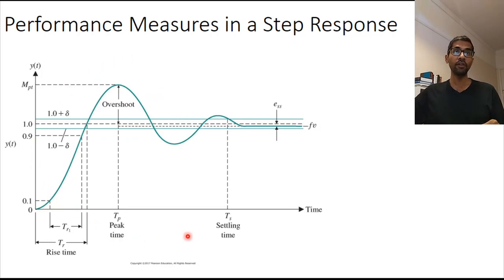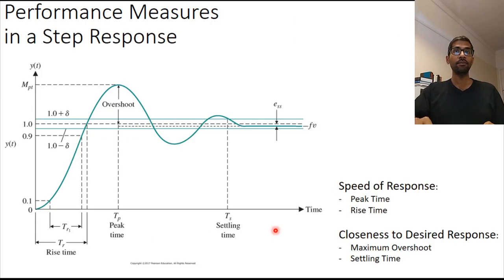So the performance measures are shown in this slide. They can be basically divided into two different kinds of performance measures. One is the speed of response. This means how fast does your system respond to the change in input. So the input has changed at time t equal to 0 and it has become 1. Okay, and the rise time and the peak time tell you how fast the system is going to respond.